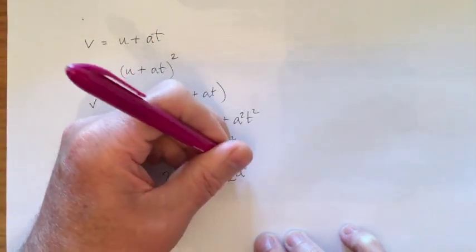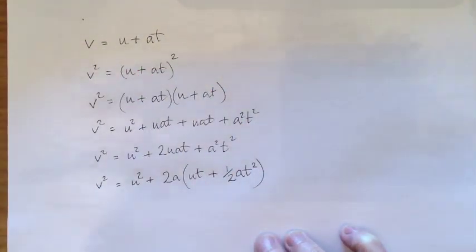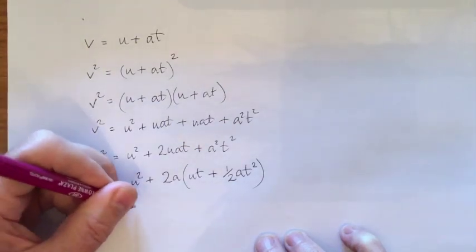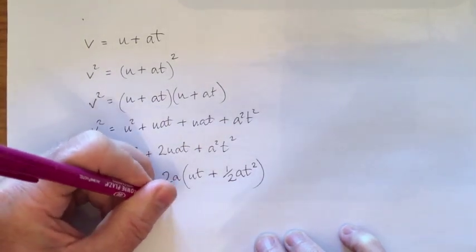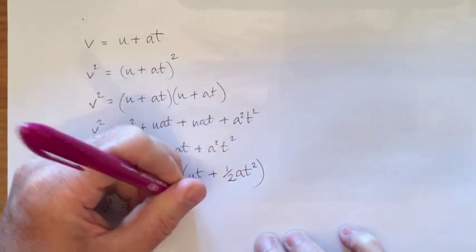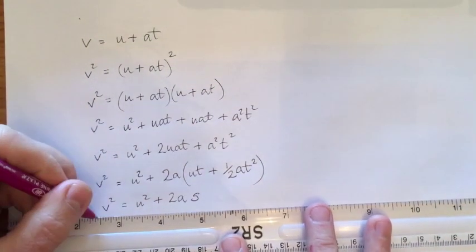One of the a's has been taken out, and it leaves us with that. And from our second equation of motion, s equals ut plus a half at squared. There we have it. And that's your third equation of motion.